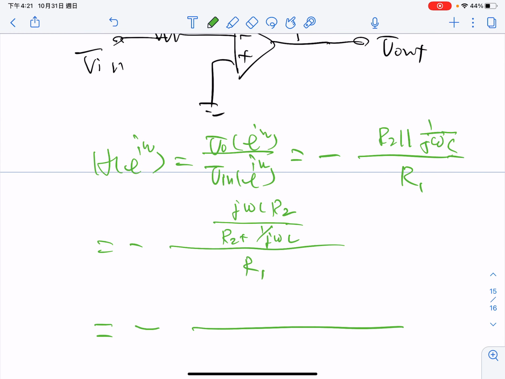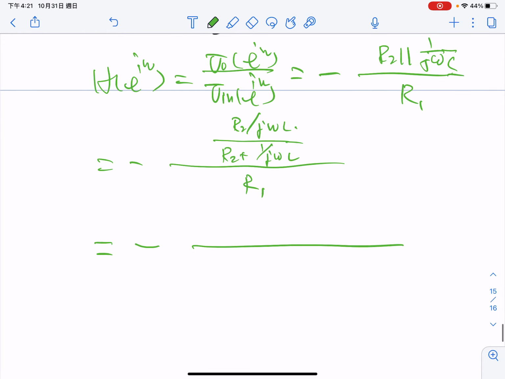This is not correct, no, sorry. This is R2 over j omega C. Okay, this is the one. And let's multiply by j omega C to the denominator of the numerator.